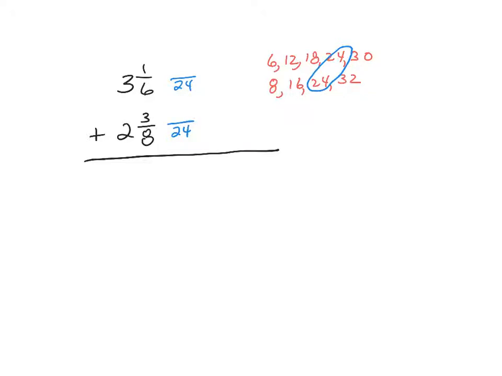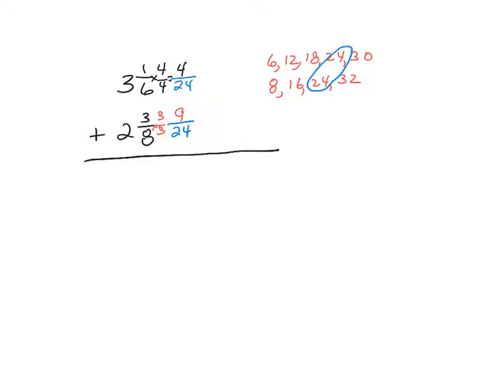So I'm going to change both of these fractions first into 24ths. Using the multiplication rule of 1, I know I can multiply 6 times 4 to give me 24, so I have to multiply that top number by 4. So 1/6 is the same thing as 4/24. And then I'm going to multiply 8 times 3 to get 24, which means I need to multiply the top number by 3. 3 times 3 gives me 9.